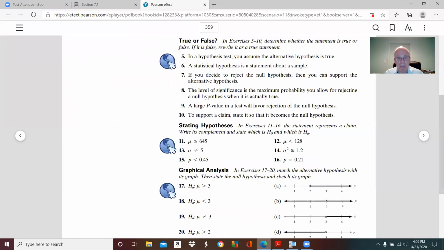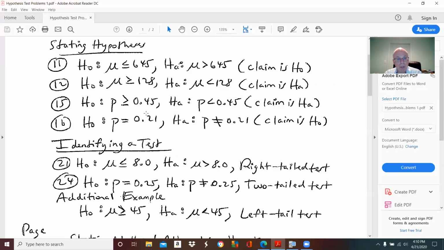Go to 15. P is less than 0.45. Oh, that's also the alternative hypothesis, but now we're using P, the population proportion, as our hypothesized parameter. So P is less than 0.45 is the claim, which is the alternative.